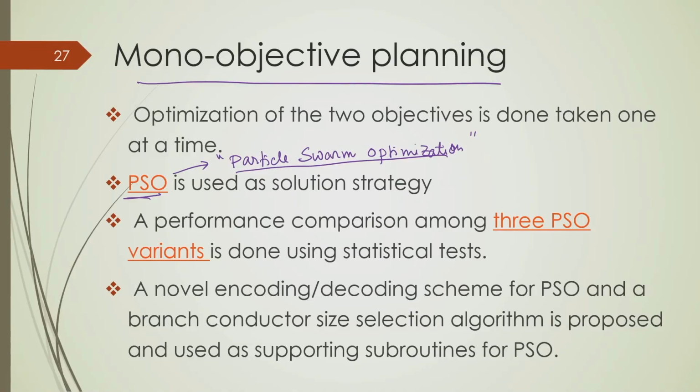I will talk about particle swarm optimization after a little while, and you will see that it is a kind of meta heuristic algorithm which can solve any type of optimization problem, whether it is linear or non-linear, convex or non-convex, differentiable or non-differentiable.